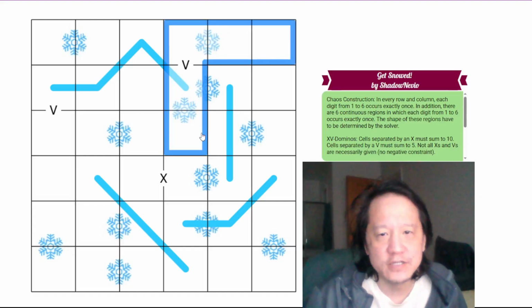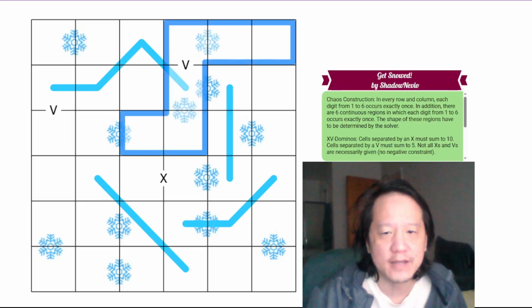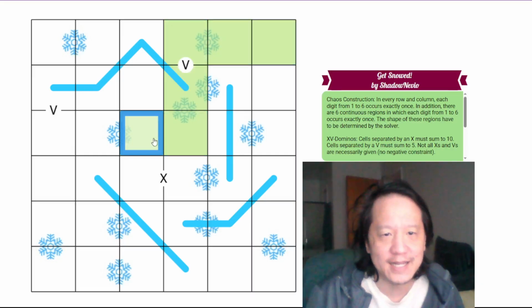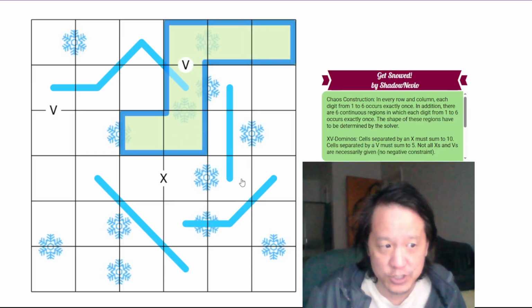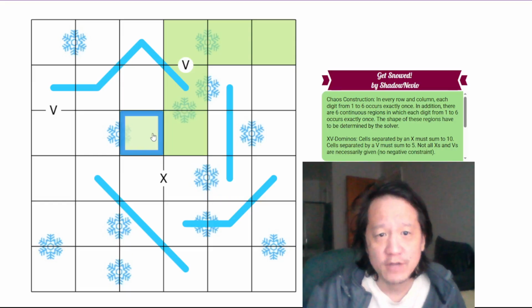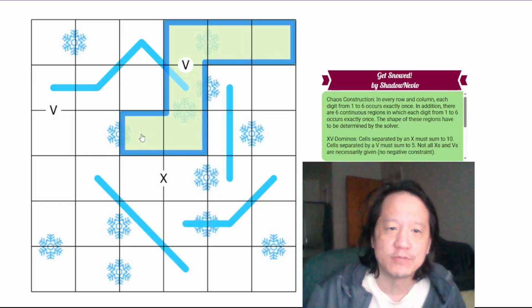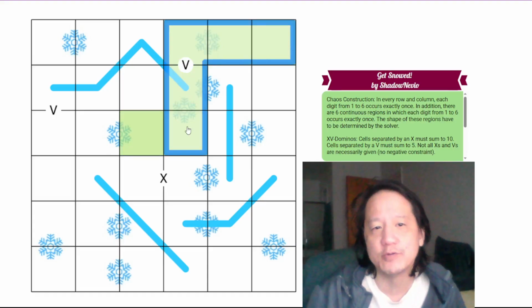And by continuous, basically that means to get from any cell in a region to any other cell in the region, you have to be able to go through edges all while staying within the region. So, for example, this is a valid region, right? To get from here to here, you can just go through edges and stay within the region all the while.